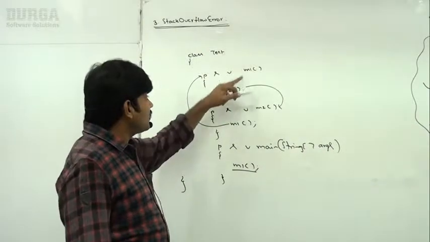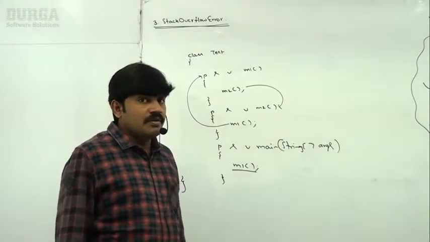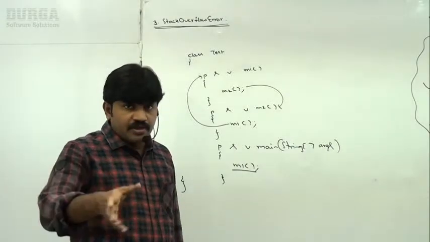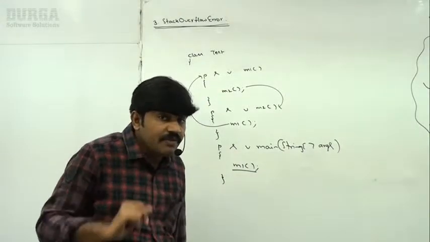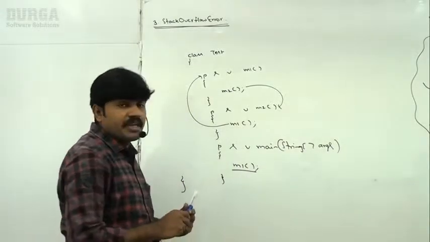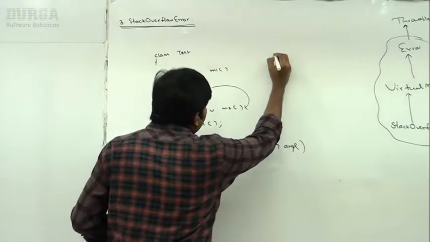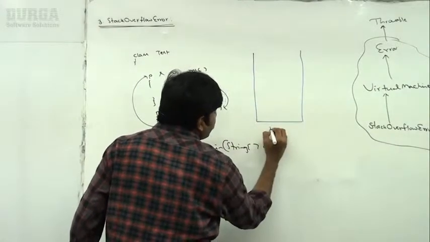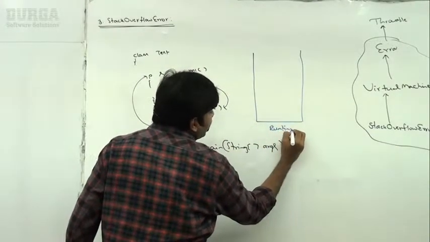Respond, man. By default, every Java program contains only one thread. What is that thread? Main thread. For every thread, the JVM is going to create one runtime stack. This is called the runtime stack for the main thread.